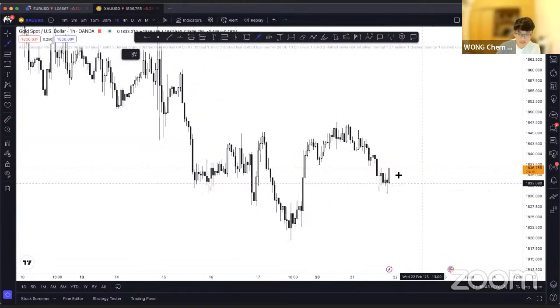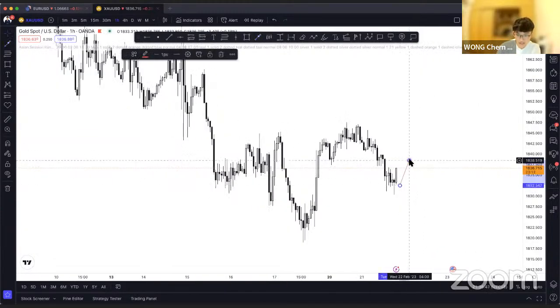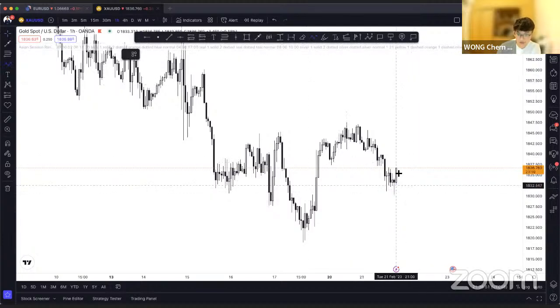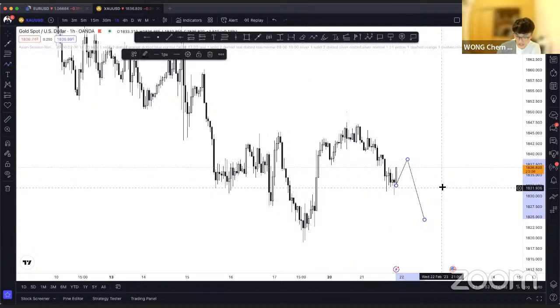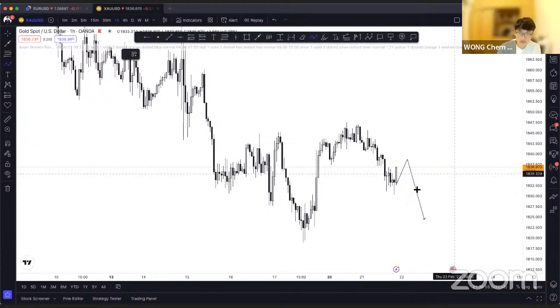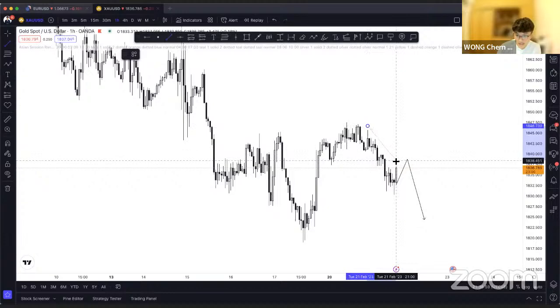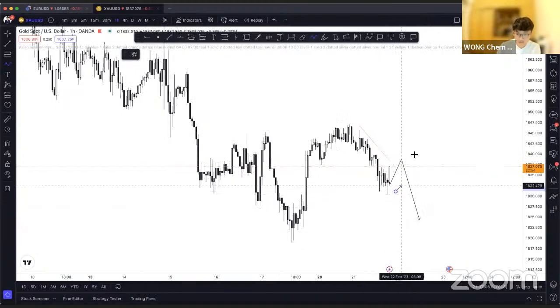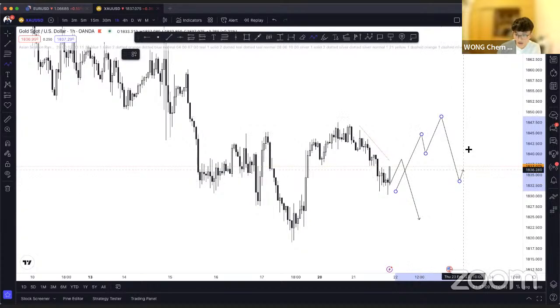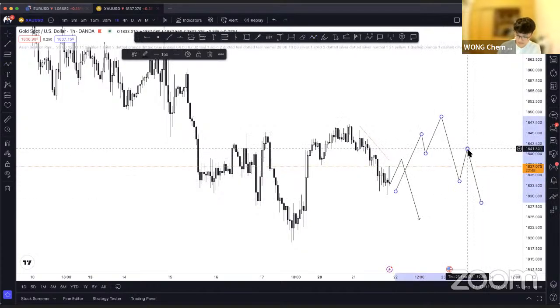First, it could potentially just react off this demand zone, supply zone, before heading back down. Another possible scenario is, because there's so much buy side liquidity over here, we could potentially see price getting further up, clearing some highs before making a marked move down.